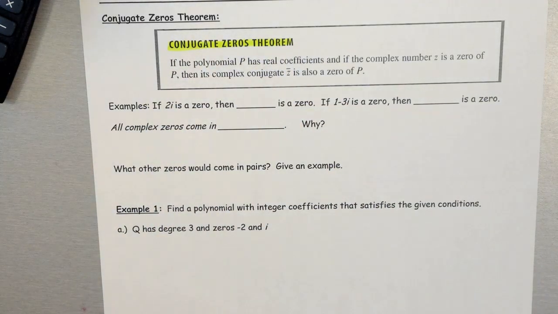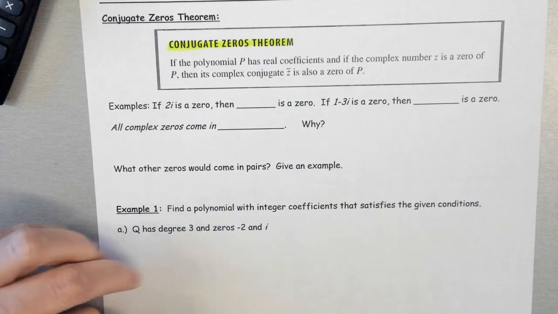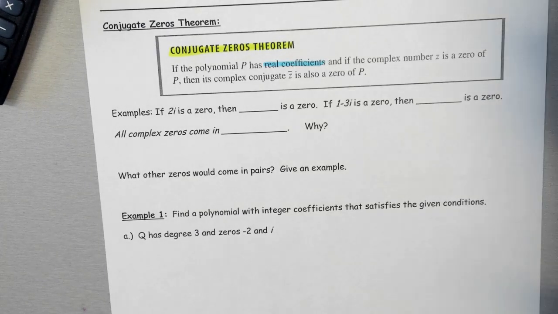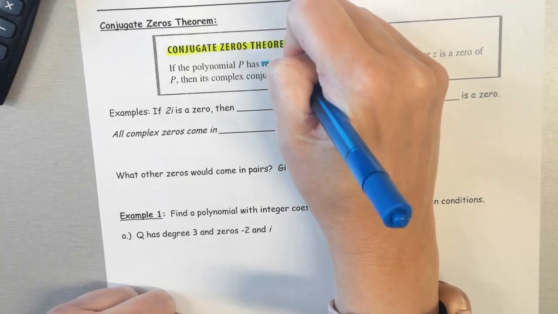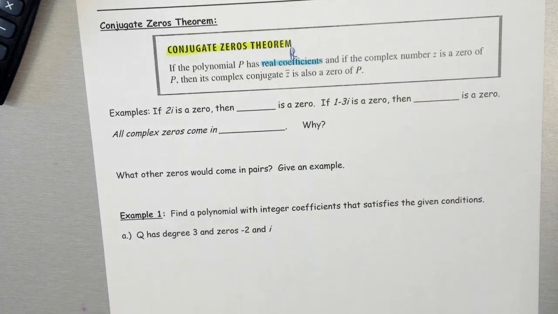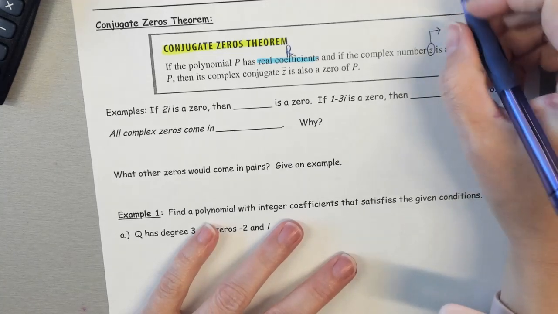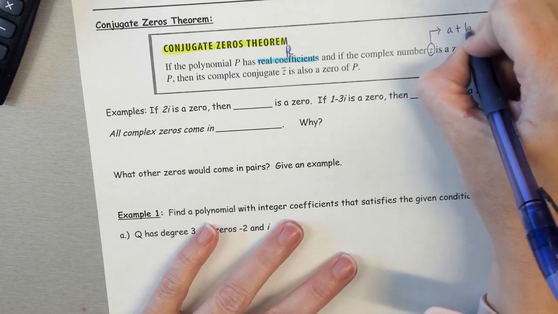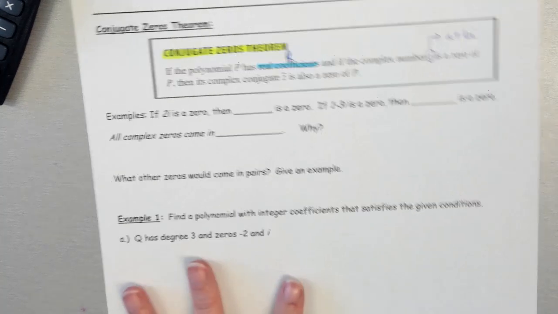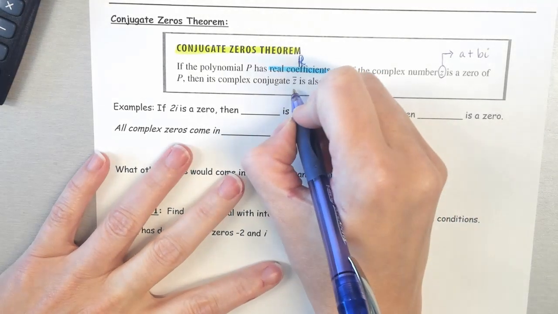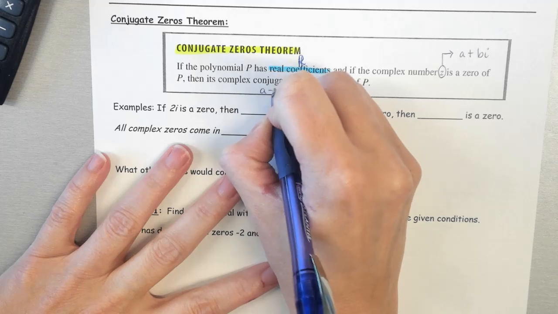Okay, so if it has a real coefficient, so it has a real number coefficient, the complex value of Z, Z is just what they are calling an A plus BI expression, they're just calling it Z. And then the complex conjugate, they call the Z with the line over it, that is A minus BI.